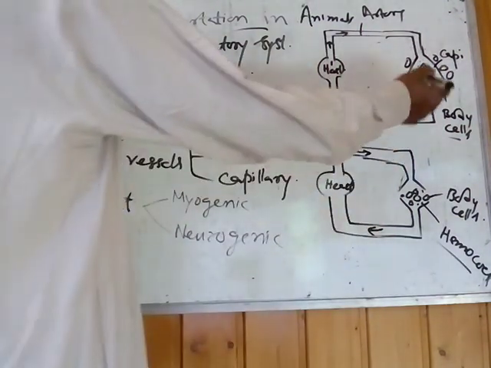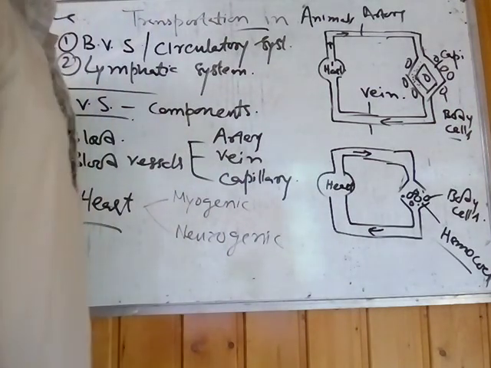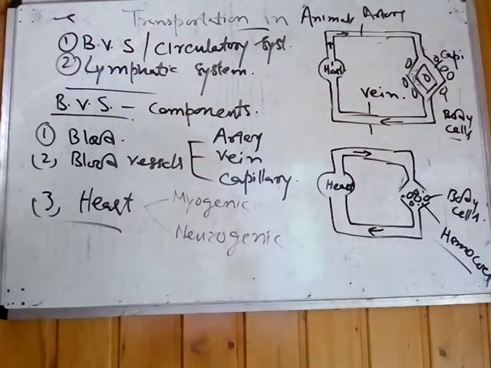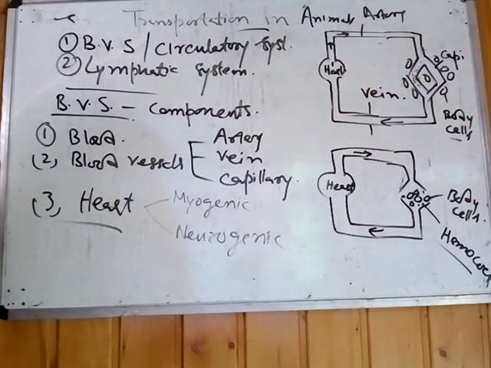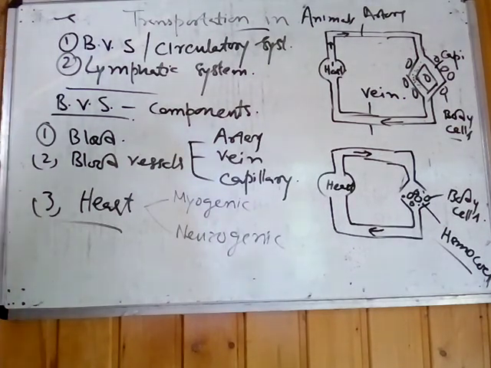But blood never comes out of these closed channels at any point of time normally. Such blood vascular system is known as closed type, as in human beings and other mammals.